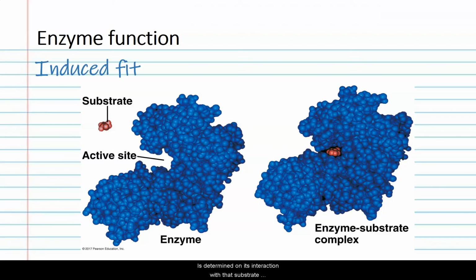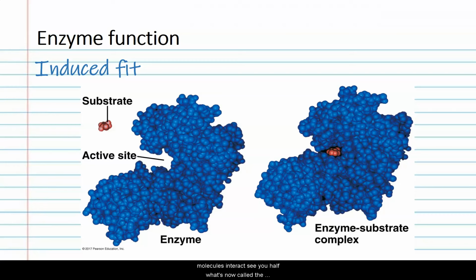The function of an enzyme is determined by its interaction with that substrate. So we have what's called the induced fit model of enzyme function, where when the substrate binds to the enzyme at the active site, the binding itself alters the shape of the enzyme. The enzyme ends up closing in on that substrate because the electrons that are part of the substrate and the electrons that are part of the enzyme get shifted around through that molecular complementarity as those two molecules interact.